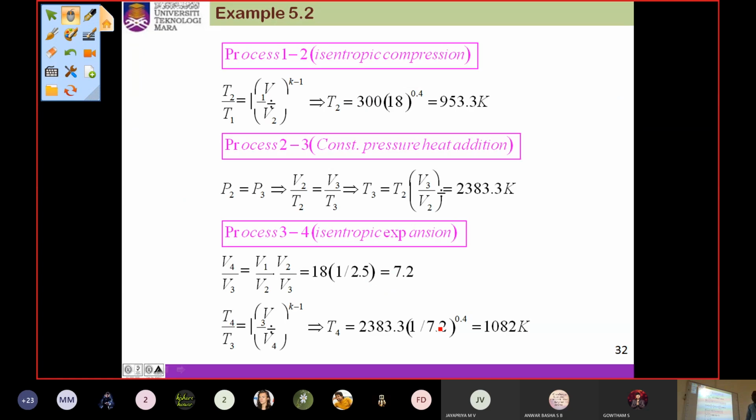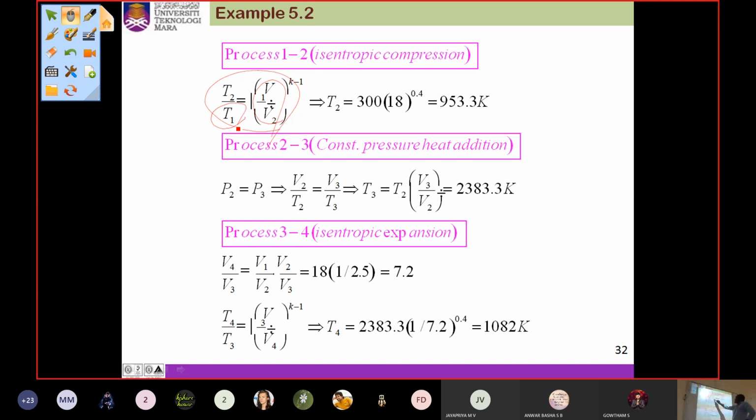So for the process 1 to 2, we have isentropic compression. So we know the formula. Here we can take the formula for T and V. So you will get the equation as T2 by T1 is equal to V1 by V2 power k minus 1. Right. So we know the value for V1 by V2. Then we know the value for T1.